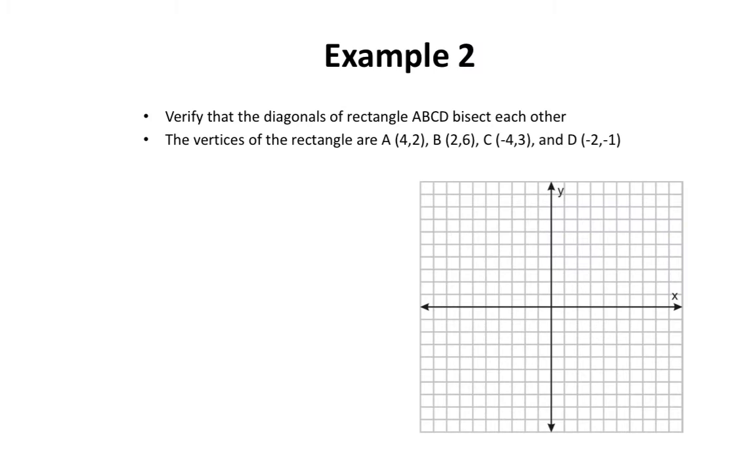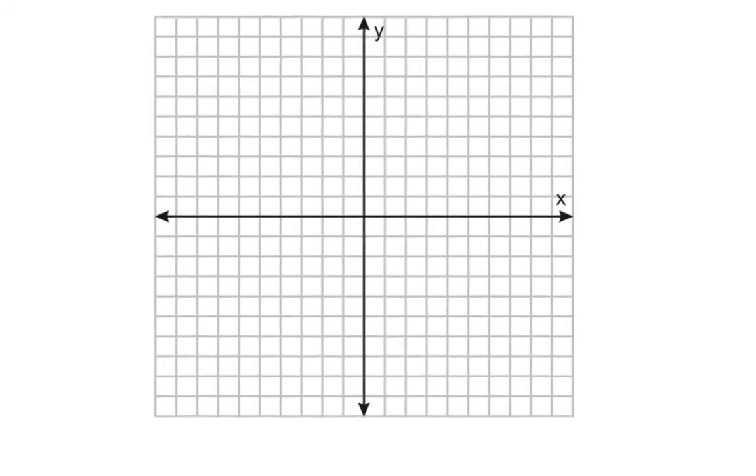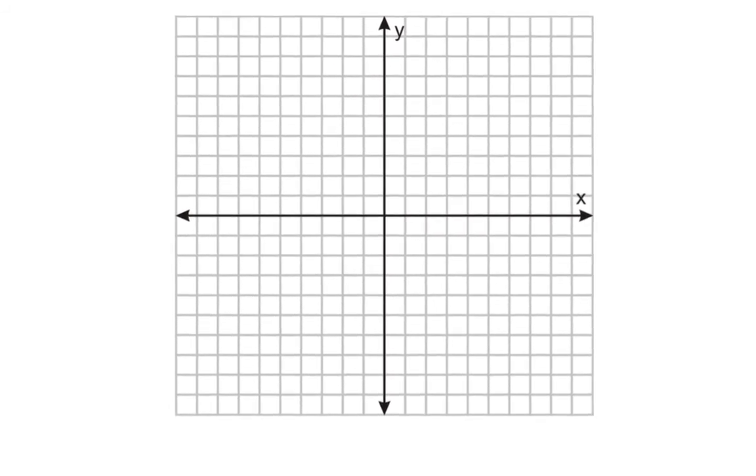In our second example, we want to verify that the diagonals of rectangle ABCD bisect each other. The vertices of the rectangle are given. Before we do anything, let's sketch a diagram if we've been given enough information. And it looks like we have, since we have the coordinates of the vertices of this rectangle. I'm going to plot point A, just somewhere over here.